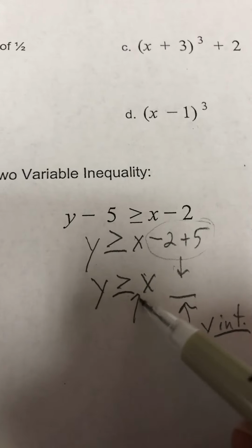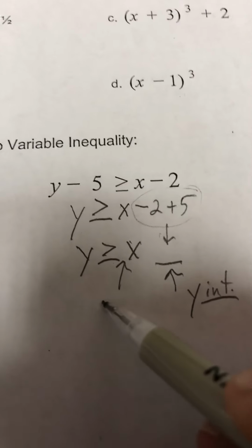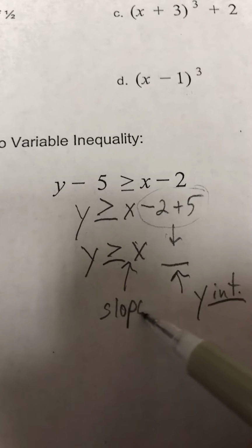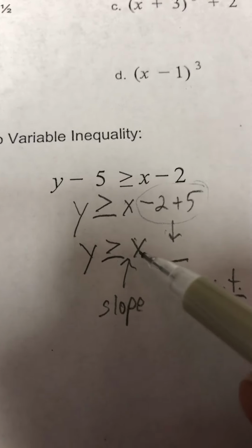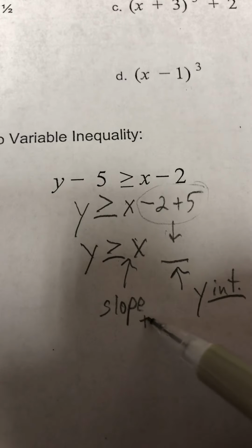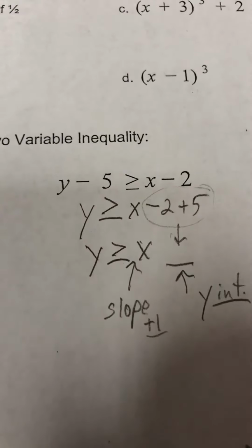And this, you don't see anything there, is your slope. Okay, and since there's 1x there, that's a slope of plus 1. Okay, so then you could simply sketch this.